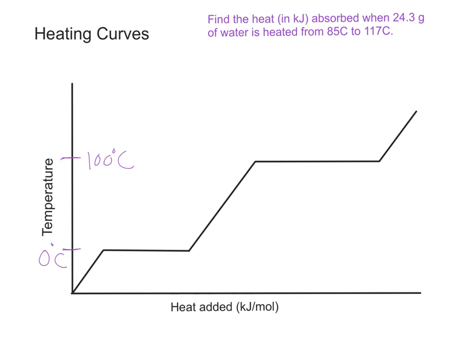And we just know that because of 0 degrees C being the melting point of water and 100 degrees C being the boiling point. So with this problem, we want to look at what the change will be when we start at about 85 degrees C and go to about 117 degrees C on our heating curve.